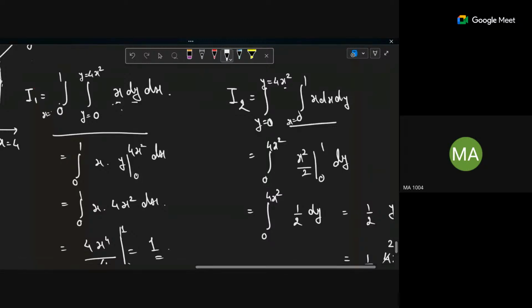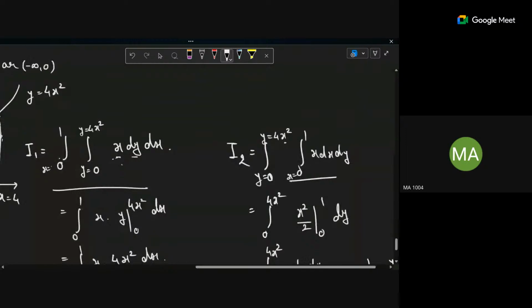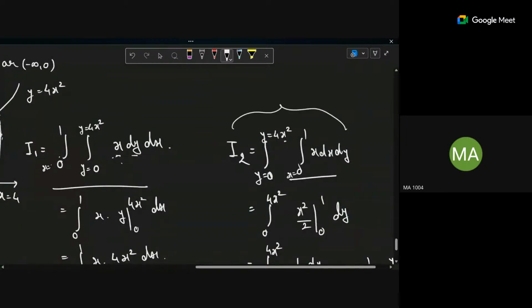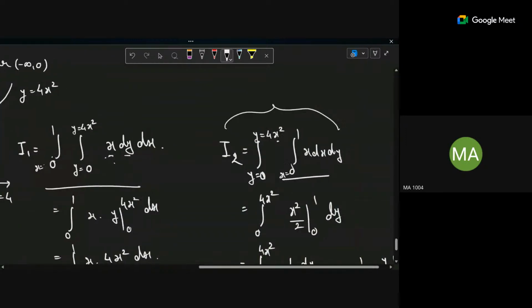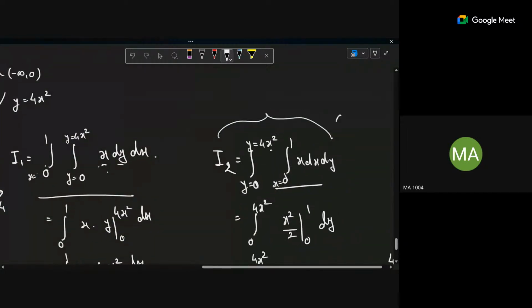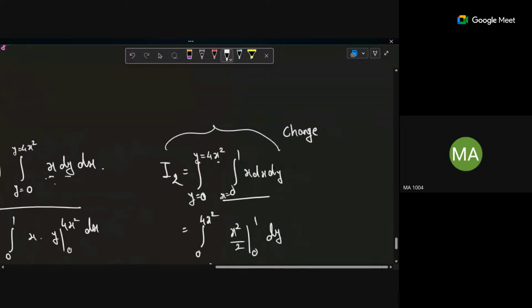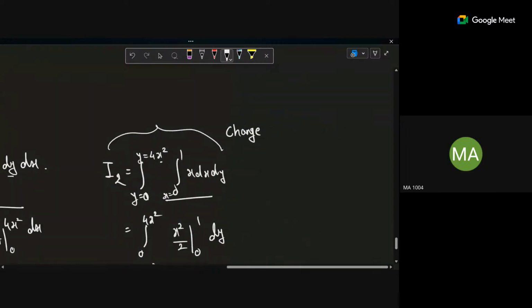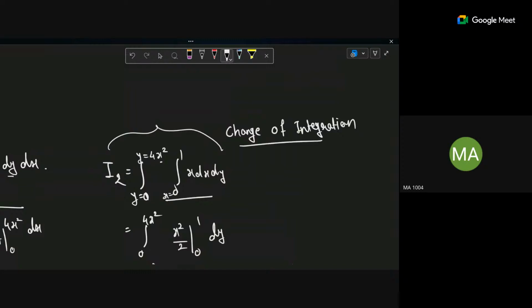Whenever this kind of situation appears, we go with the change of order of integration. This is one of the things you can search, and if you are interested to learn about this, you can search change of integration, and you will get to know how that works, and you can interchange these limits.